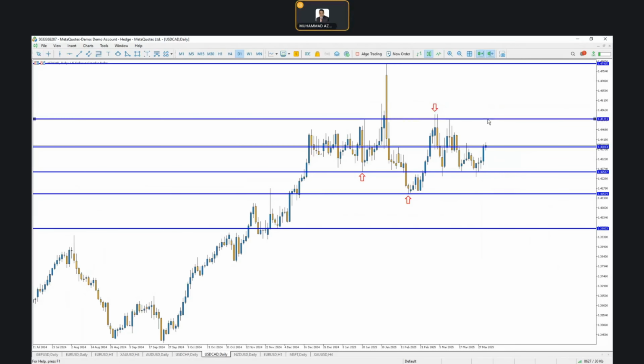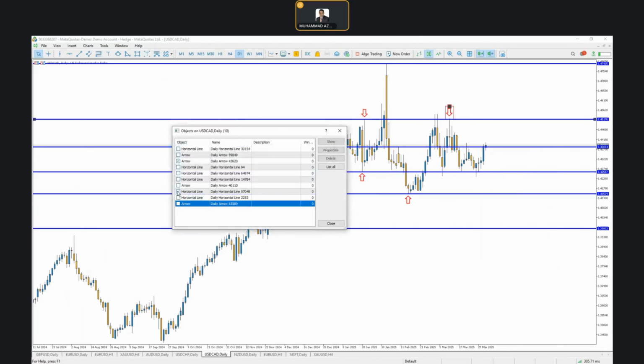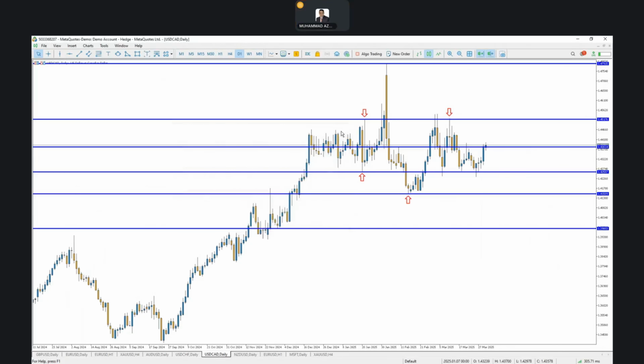If I move this one down over here, this is the area which is basically providing nice resistance. So if price action is going to retest this level, let me tell you the exact value, 1.4517 area, we're probably going to find aggressive sellers up there at 1.4517 area inside the USD CAD currency pair.